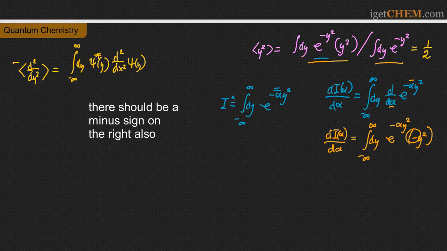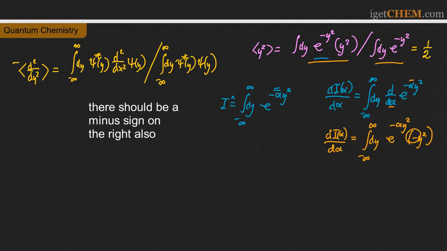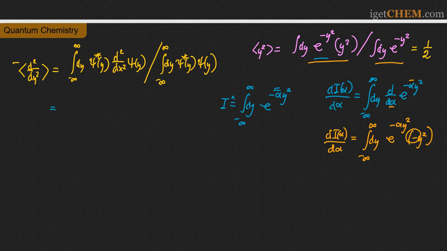And again, to properly normalize it, you divide by the same thing, the normalization integral. Just like that. Again, using the functional form of the first wave function, the Gaussian, you can see that this is just that.